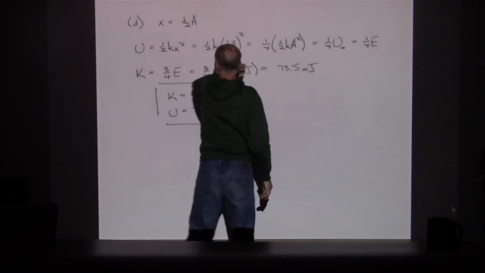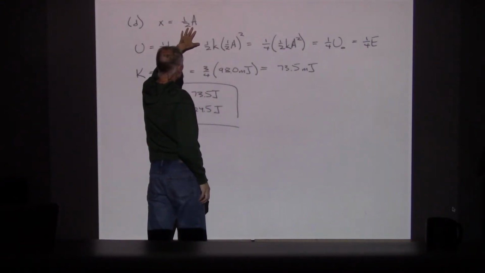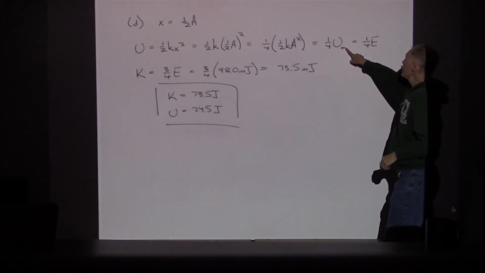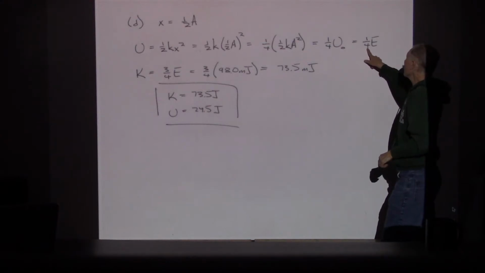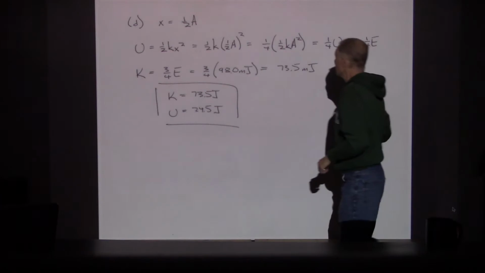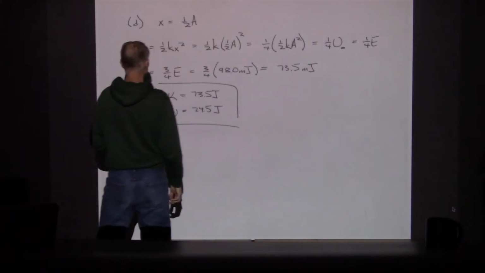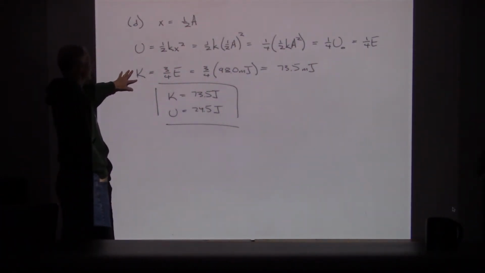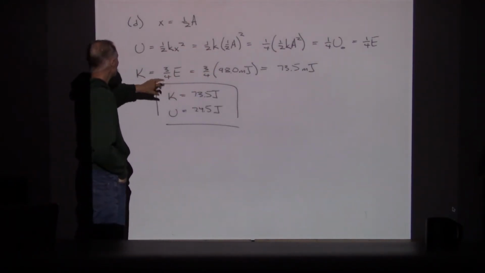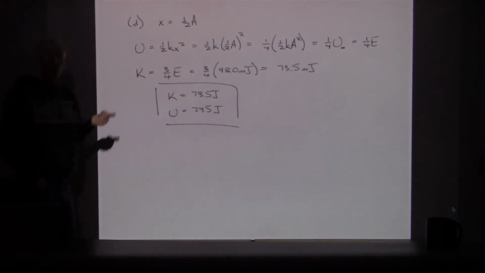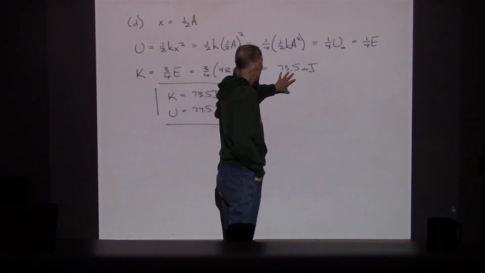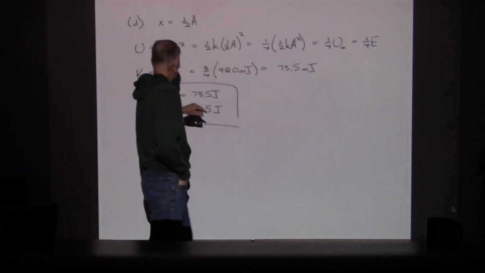Now what that says is, when I'm at half amplitude, I am at 1/4 of the maximum potential energy, or 1/4 of the total energy at that time. And then the kinetic energy, if the potential energy is at 1/4 of the total, would be at 3/4 of the total, and that would be 73.5 millijoules.